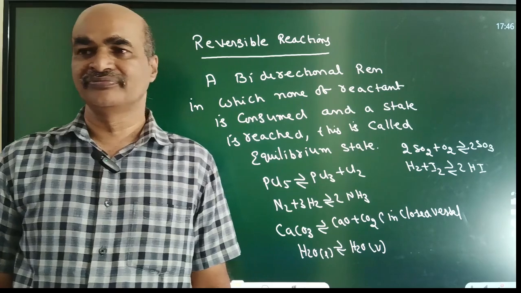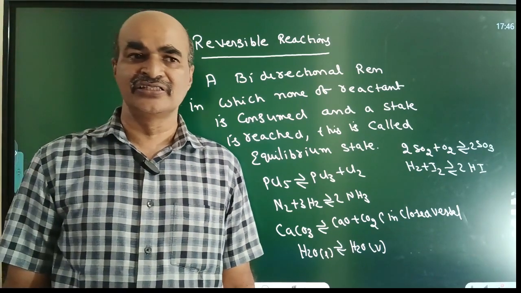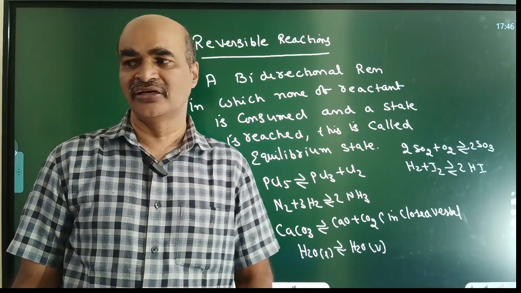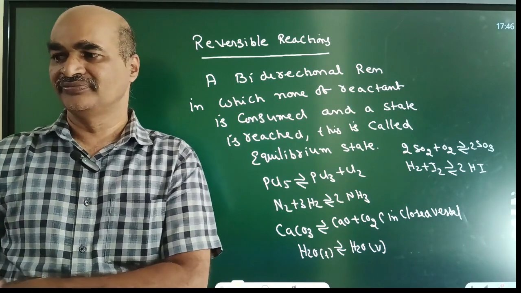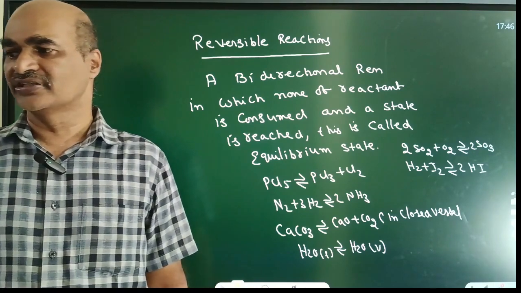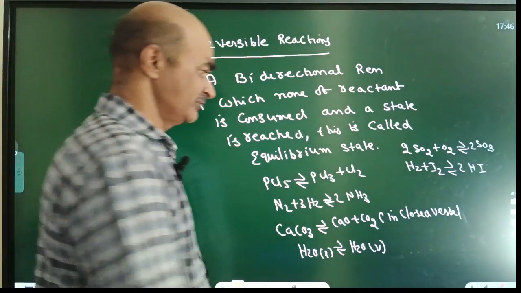At a certain time, a state is reached. That state is called the equilibrium state. At the equilibrium state, the rate of forward reaction is equal to the rate of backward reaction.